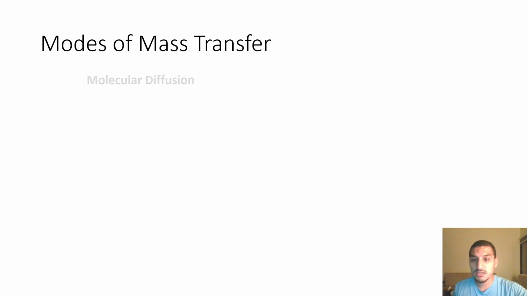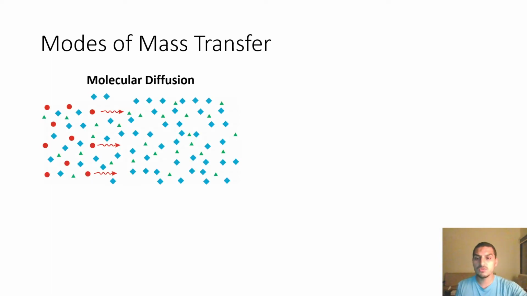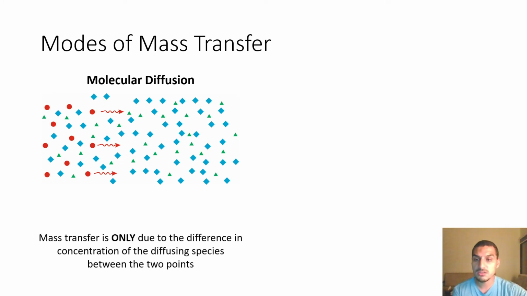Mass transfer can take place first by molecular diffusion, and by molecular diffusion we mean diffusion that is driven mainly by the difference in concentration. As we see in this photo, we have three components in the same medium: the blue, green, and red components.